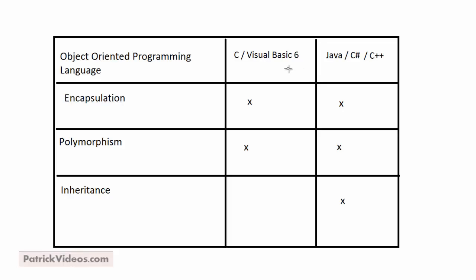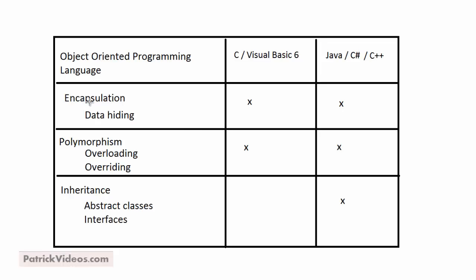C and Visual Basic 6 satisfy encapsulation and polymorphism, whereas Java, C#, and C++ satisfy all rules: encapsulation, polymorphism, and inheritance. So that is why languages like Java, C#, and C++ are called object-oriented programming languages, whereas C and Visual Basic 6, even though they can also create classes and objects, are not considered object-oriented programming languages.